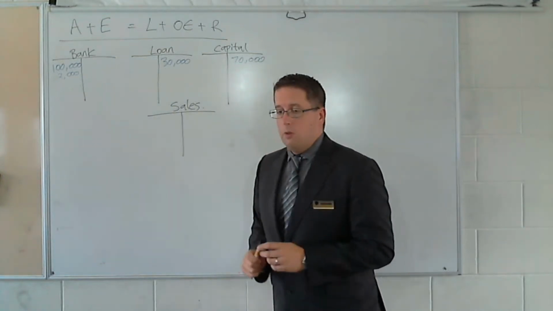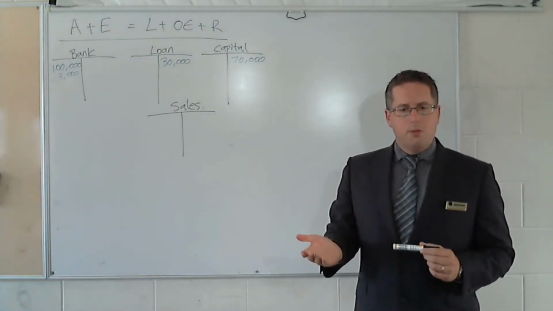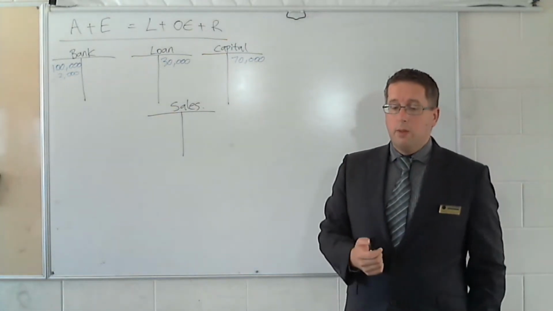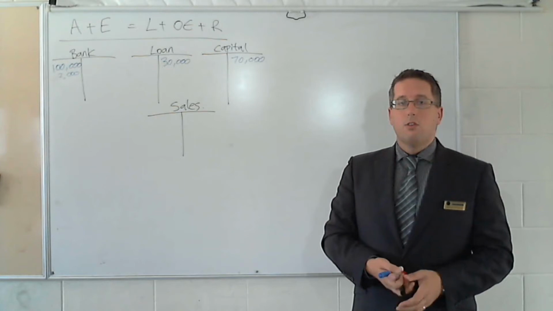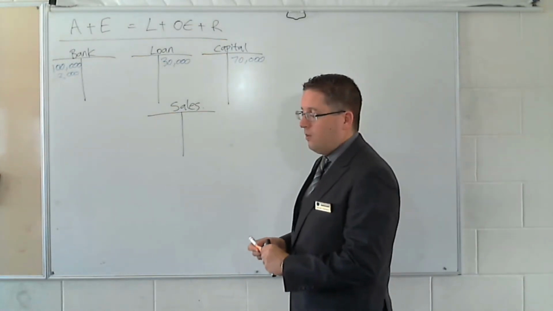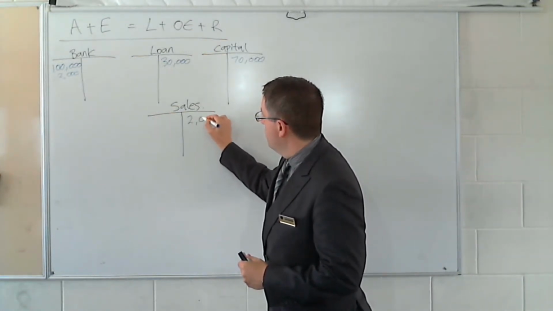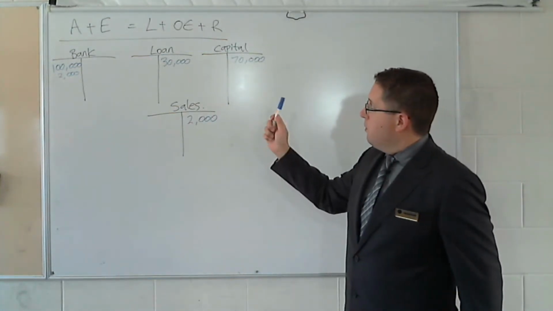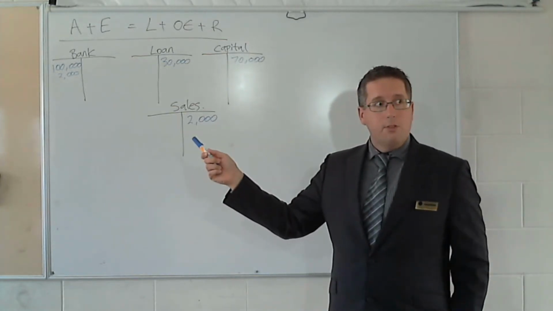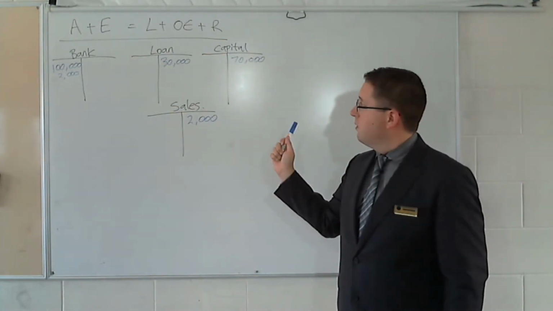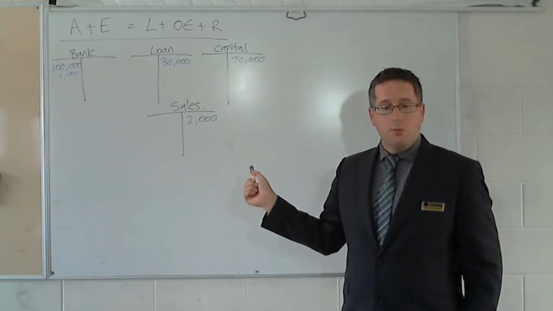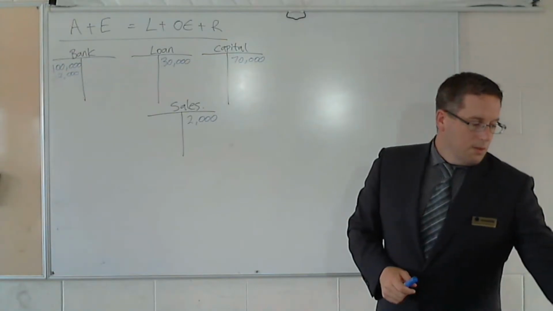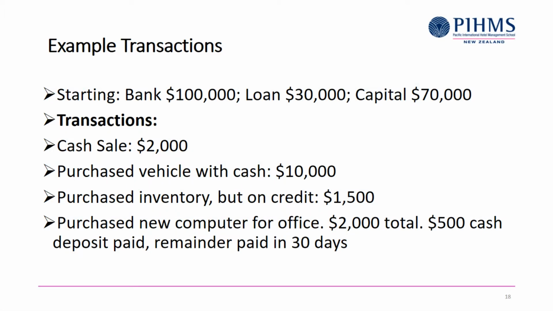Revenue going up, because we've earned more money from the customer, is going to be on the credit side. So $2,000 on the credit side. Now we have left-hand side $2,000, right-hand side $2,000. We've now recorded one transaction. Debits equal credits. So we've recorded the first one, the cash sale.